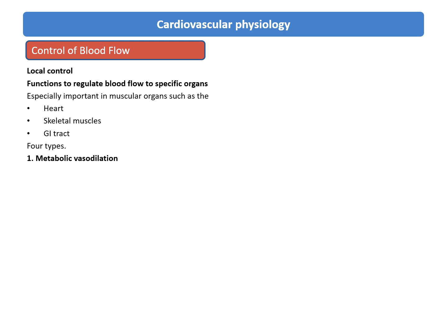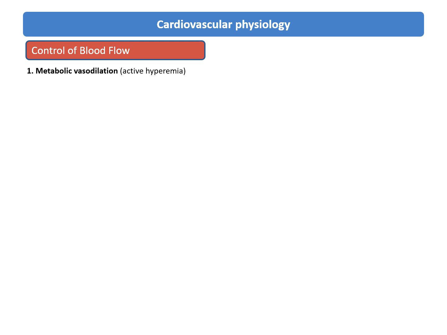One is called metabolic vasodilation. As you'll see, this is a very important function. Another is called flow autoregulation, and a third, reactive hyperemia. The fourth is inflammation.